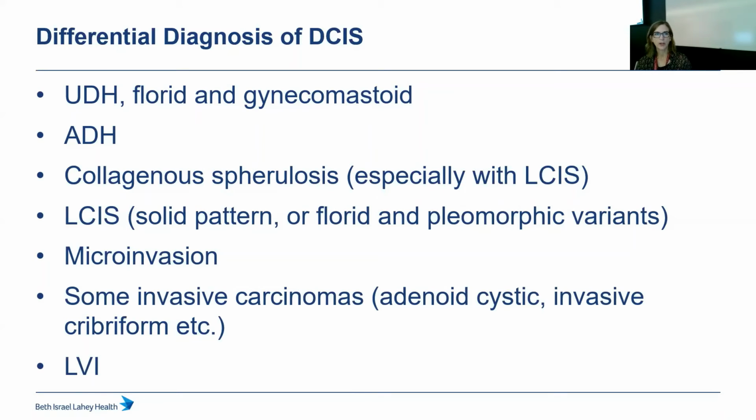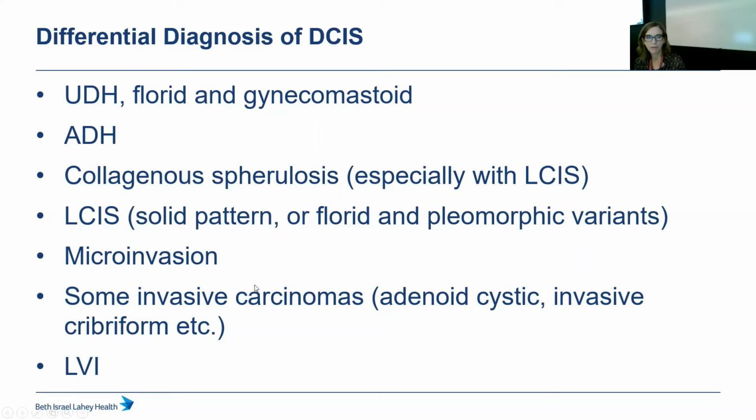So our differential diagnosis of DCIS, we've already talked about some of these things. Collagenous spherulosis, especially if it's involved by LCIS, becomes a differential diagnostic consideration. LCIS, especially solid pattern, and the florid and pleomorphic variants are a differential. Microinvasion is not really a differential diagnosis of DCIS so much as something that you might overlook.